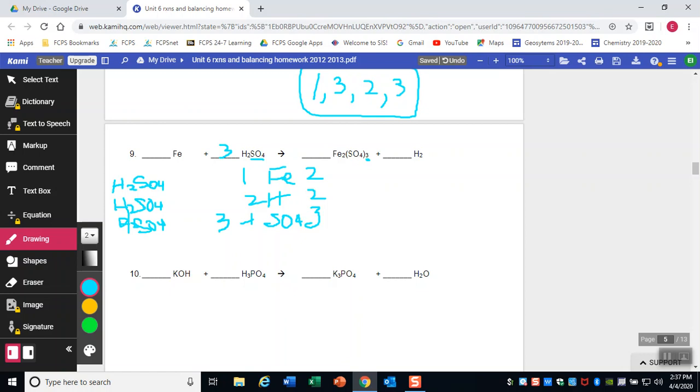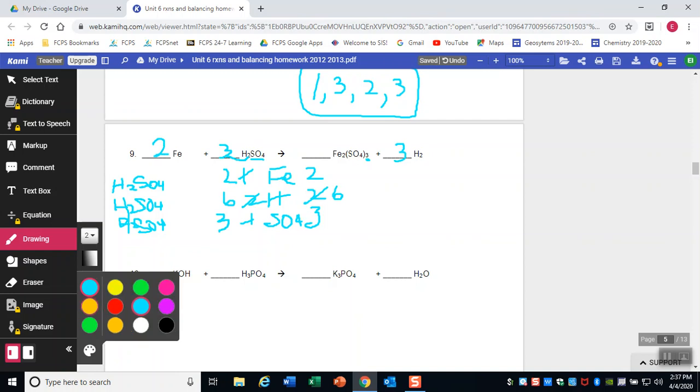Now what that meant is I have tripled my hydrogens here. So now I have 6 hydrogens here. So to get 6 hydrogens over here, 2 times 3 is 6. And then now my irons, I have 2 over here, and I want to have 2 over here. So luckily, this iron is all by itself, and putting that coefficient is not going to change anything else.